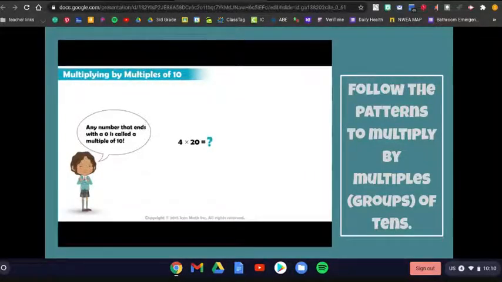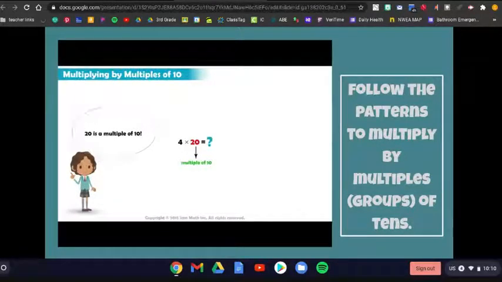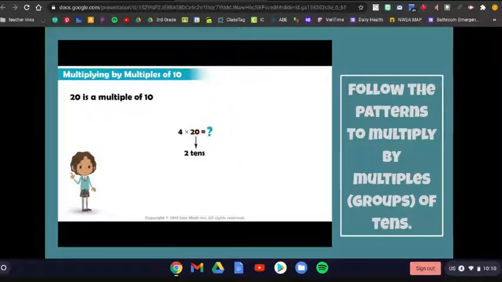Any number that ends with a 0 is called a multiple of 10. 10, 20, 30, 40 is a multiple of 10. It ends with a 0, and we can think of it as 2 tens or 2 times 10. We can think of our problem as multiplying 4 by 2 tens.